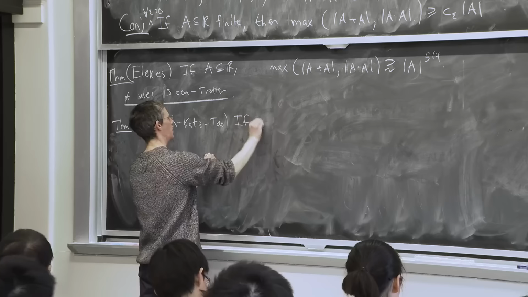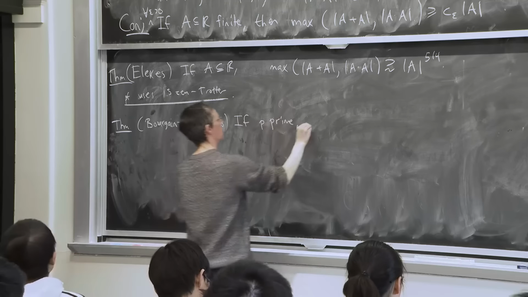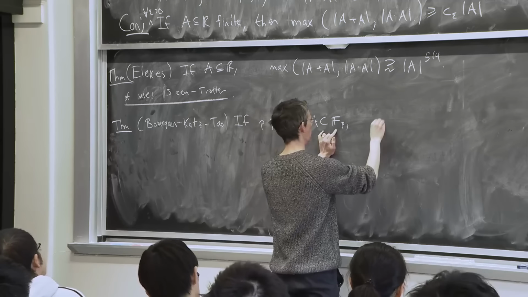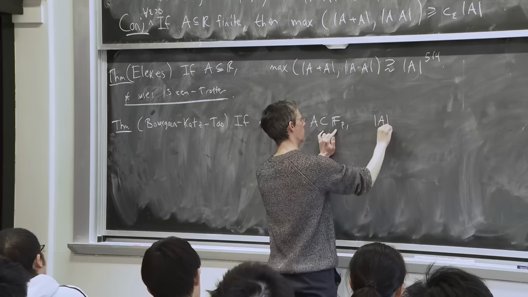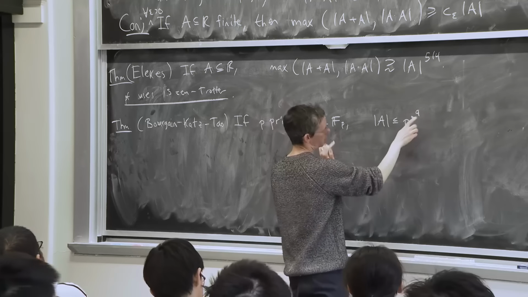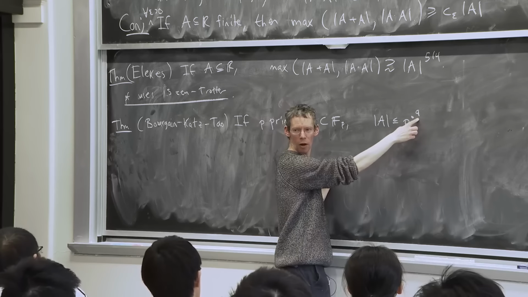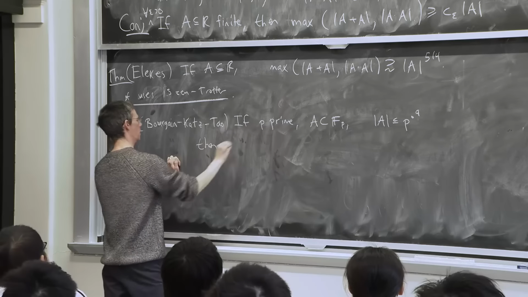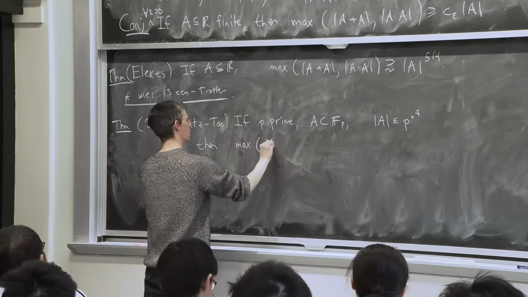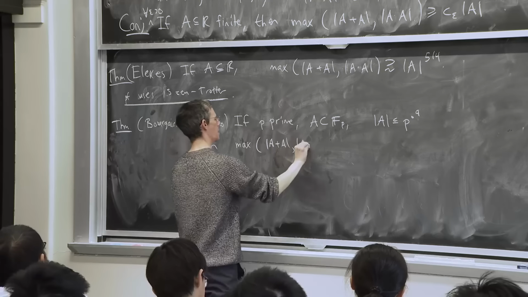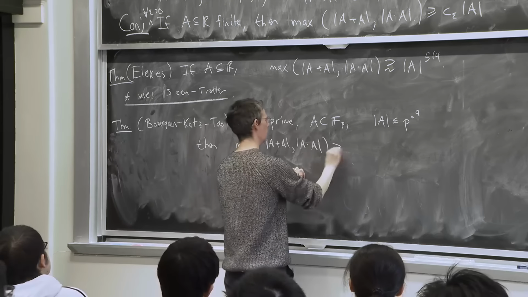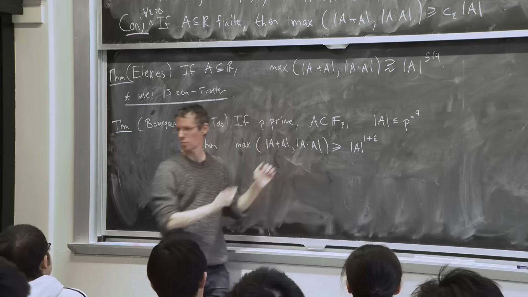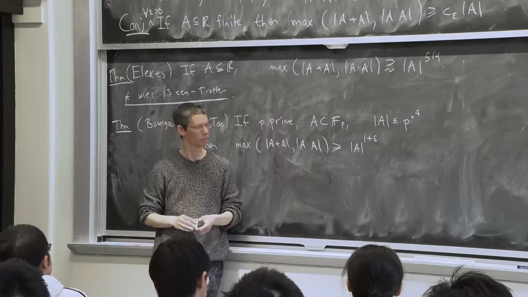So p is prime, and A is a subset of Fp, and A is significantly smaller than the whole field. Then the maximum of A plus A and A times A is at least the size of A to the 1 plus epsilon, where epsilon is a small but explicit number, I think something like 1 over 20.